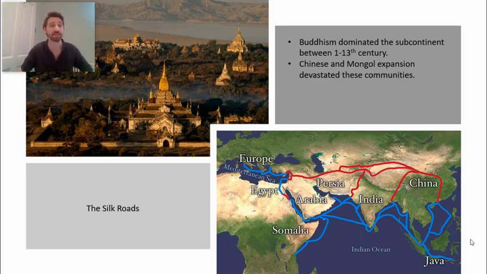Now, between the 1st and 13th century, Buddhist groups typify India and are some of the largest religious groups. However, by the 13th century, Chinese and Mongolian expansion decimates those numbers.